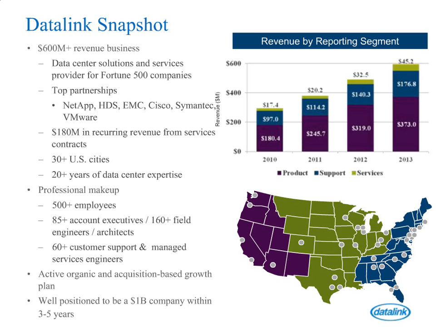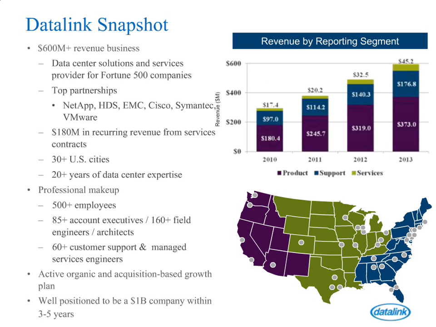So first, a little bit about Datalink. Datalink is an approximately $600 million company. We are public, traded on NASDAQ. We are a data center-focused solutions and service provider, primarily focused on Fortune 500, Fortune 1000 customers. Top partnerships amongst the leading IT equipment providers. Approximately $180 million in revenue from services and contracts. Offices throughout the United States, and we have been in business for close to 30 years with data center expertise.